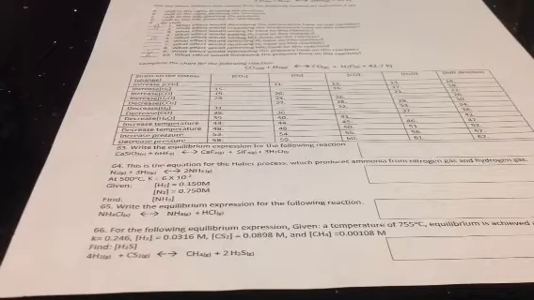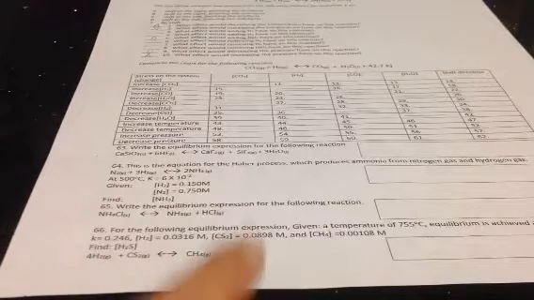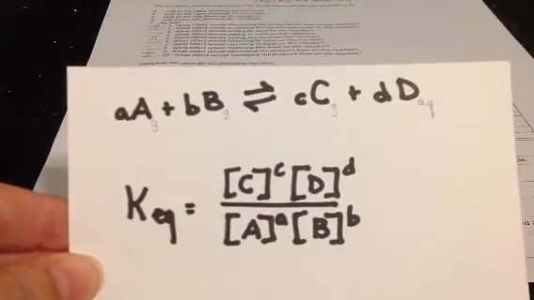Now we're going to solve for an equation that uses some numbers that they're asking you to plug into the problem. Remember, the first thing I have to do is write an expression.